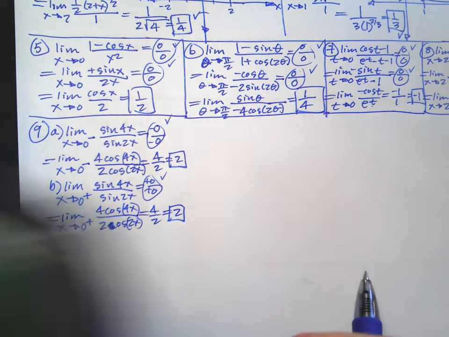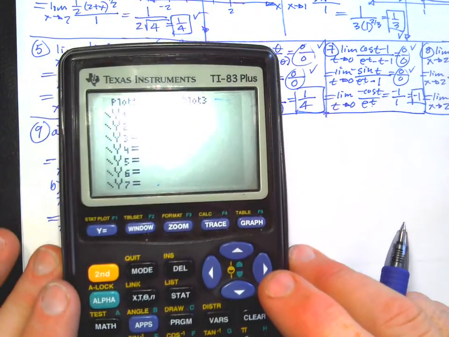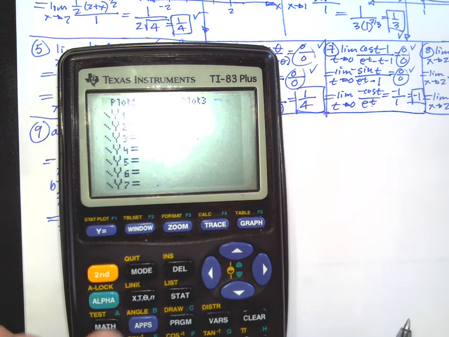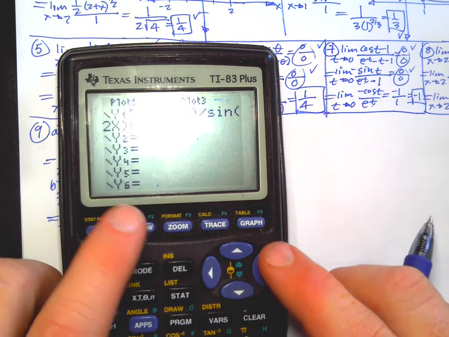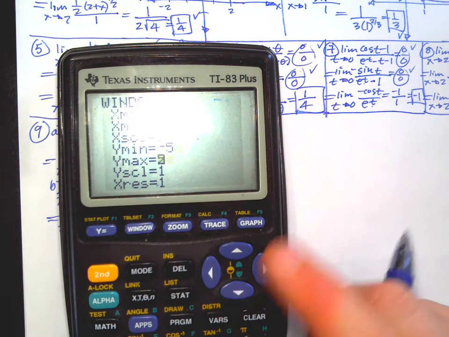Now on a graph, we're going to support our answer graphically. So we'll put in sine of 4x divided by sine of 2x. Window, I don't know, negative 5 to 5. We'll just try that.